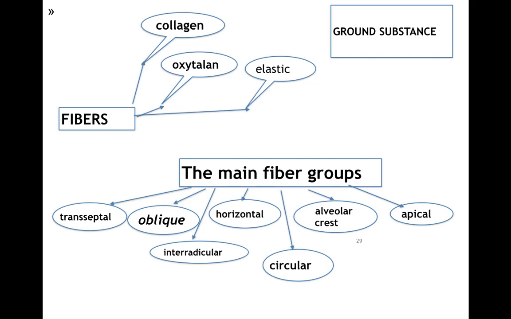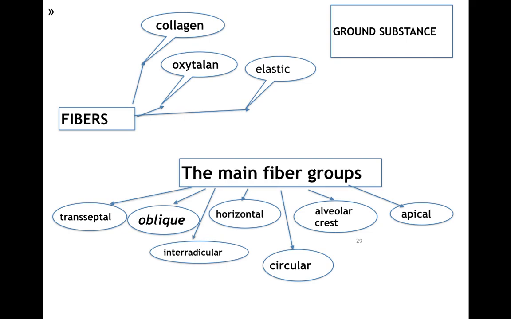I will explain what the structure of periodontum is. Periodontal ligament also is connective tissue and consists of ground substance, fibers, and other cells, blood vessels, nerves, etc.